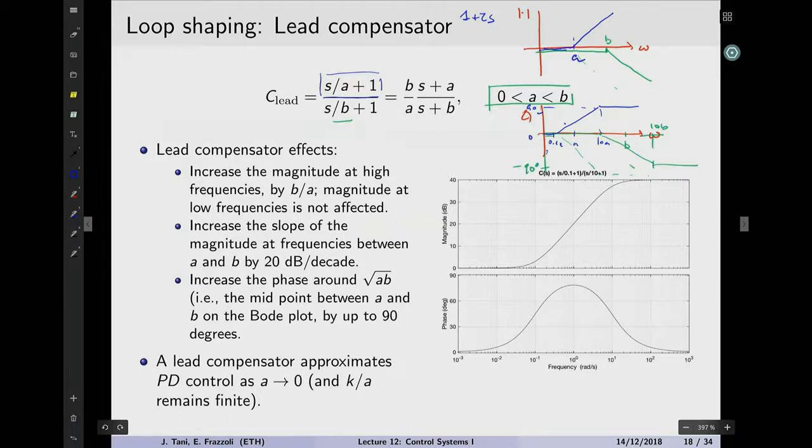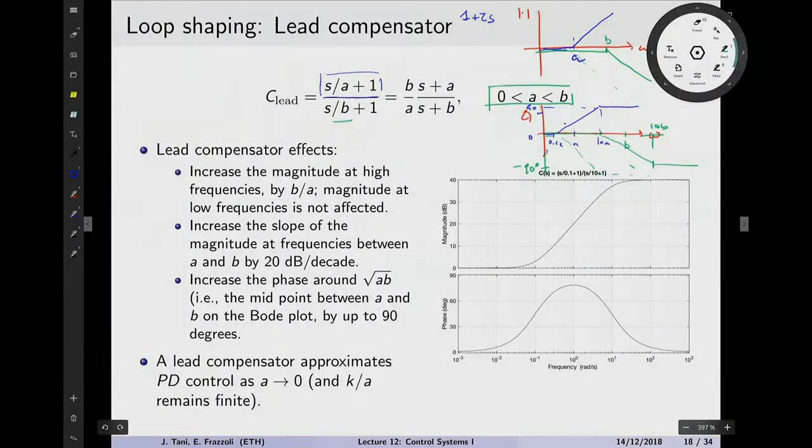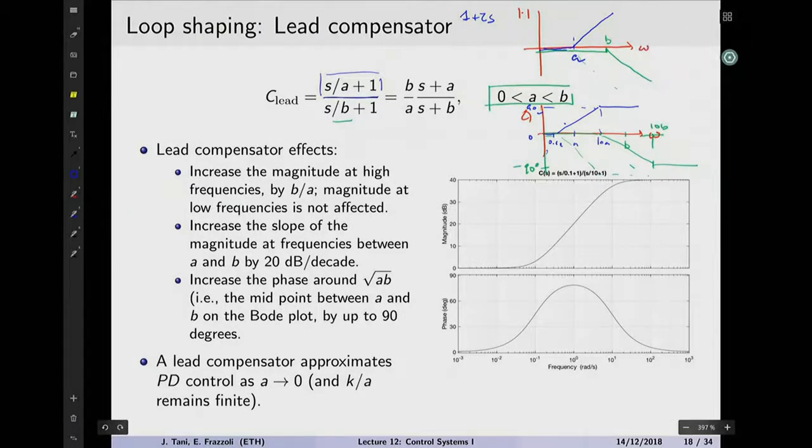So let's sum them up, and let's see what the contribution of the whole lead compensator element would be. In this case, where B is much bigger than A, that is, at least a decade bigger than A, we would get something that up to here is 0, then increases with 20 dB per decade, and then gets compensated by the other part, so you get something like this, right?